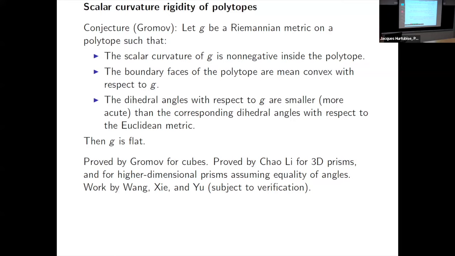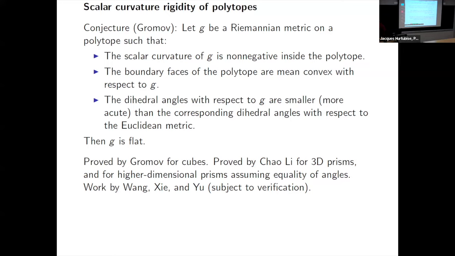So we have these two spaces, the polytope equipped with the g metric and the polytope equipped with the Euclidean metric. And we want the polytope equipped with the g metric to have more scalar curvature in the inside, more mean curvature at the boundary, and we want the angles to be more acute. Then under these assumptions, the conclusion is that the metric should be flat. So it should be rigid.